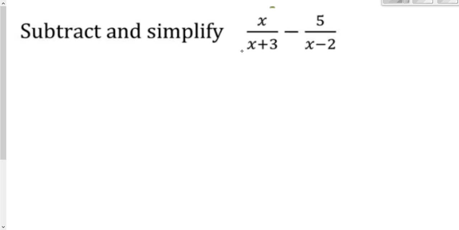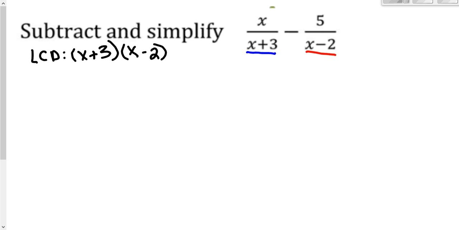So this has an x plus 3, and this has an x minus 2. Now, that means our lowest common denominator is going to be x plus 3 times the quantity x minus 2.